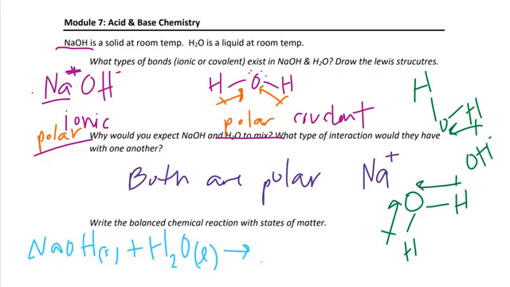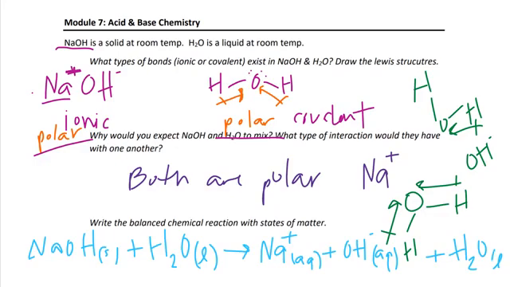My NaOH is going to dissociate, so I'm going to be left with my sodium ions surrounded by water, and so we would say Na plus aqueous, plus my OH minus, again surrounded by water, so it is aqueous. And my water is still the same, so I can still write H2O liquid.